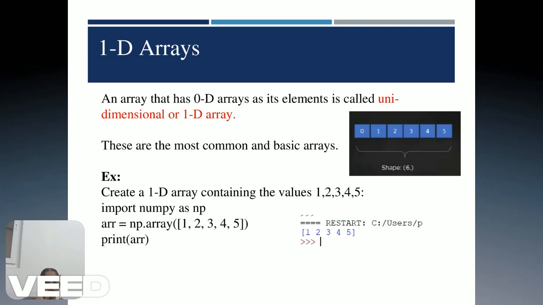This is an array which contains the values 1, 2, 3, 4, and 5. When you use print arr, this will give you 1, 2, 3, 4, 5. This will be stored in sequential order: the 0th element is 1, the first element is 2, the second element is 3, the third element is 4, the fourth element is 5, and so on.